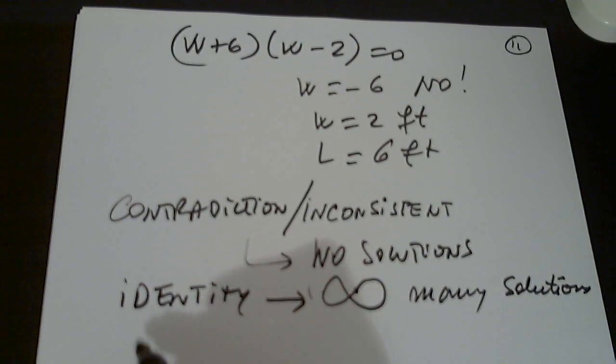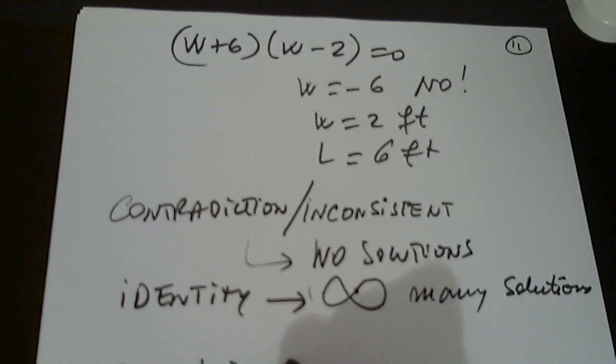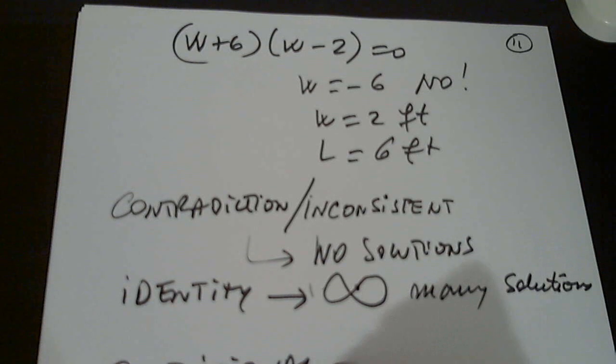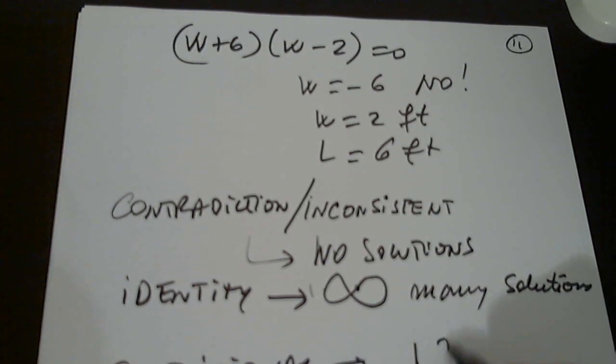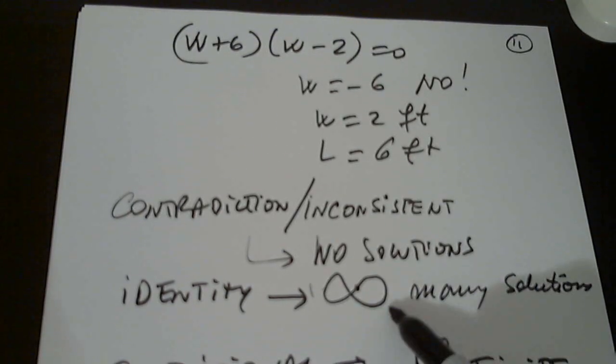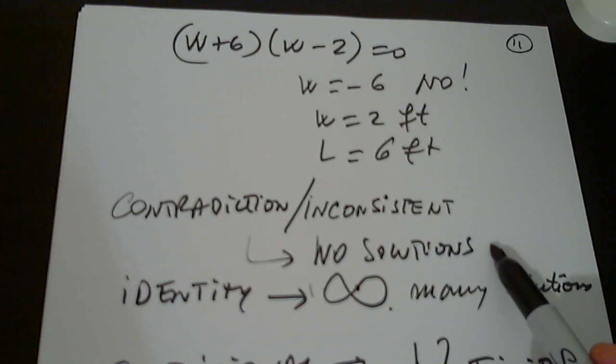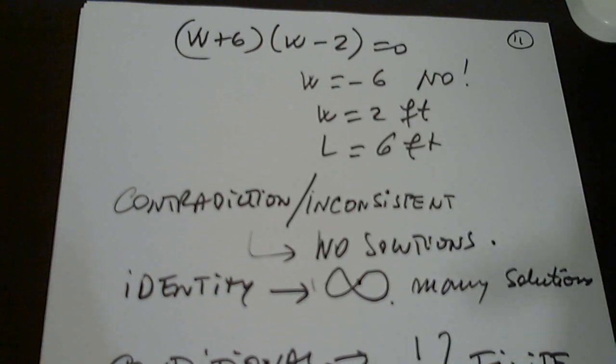What about a conditional? You can say 1, you can say 2, you can say 3, but in other words, finite. Not infinite and not no solutions. I'm able to list them all.